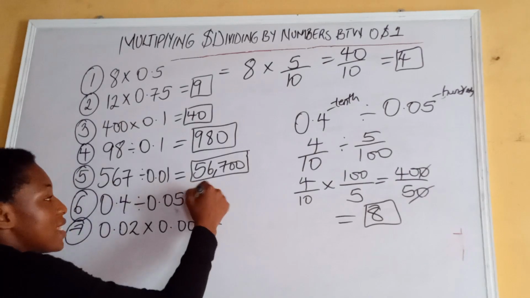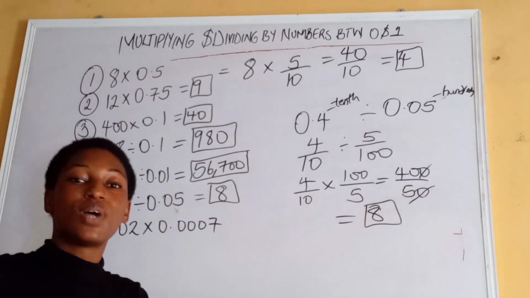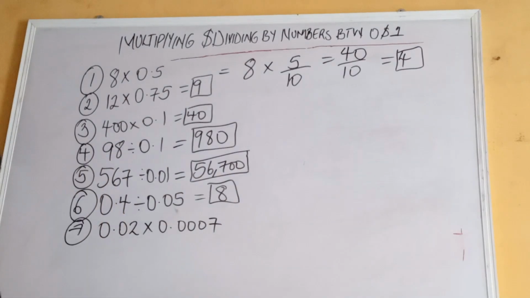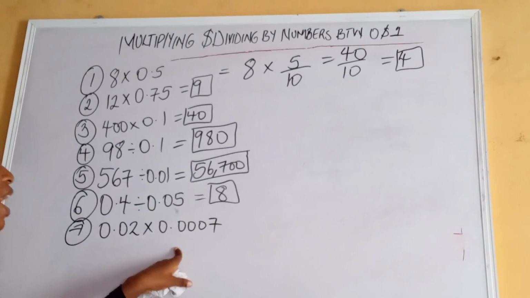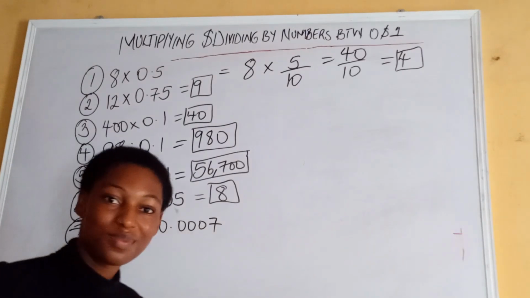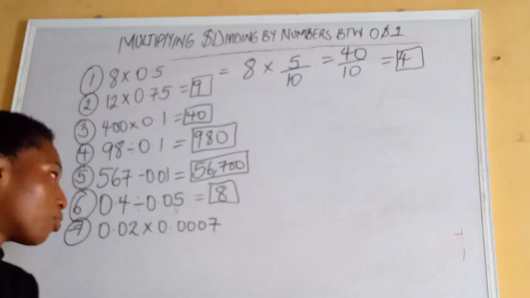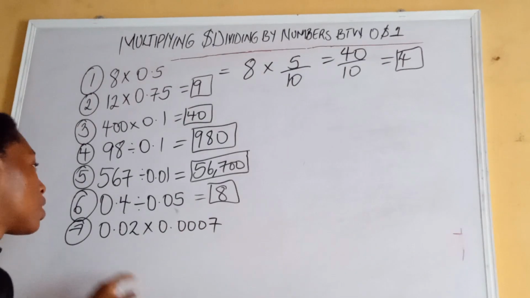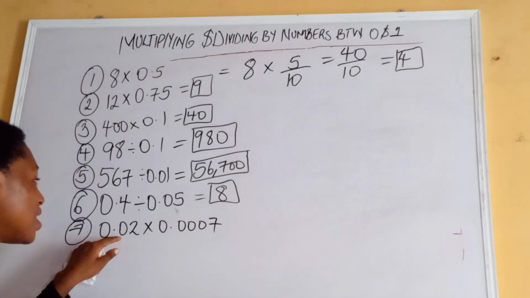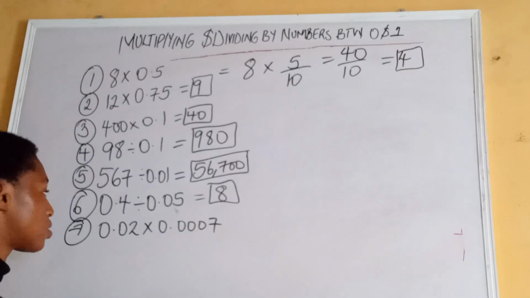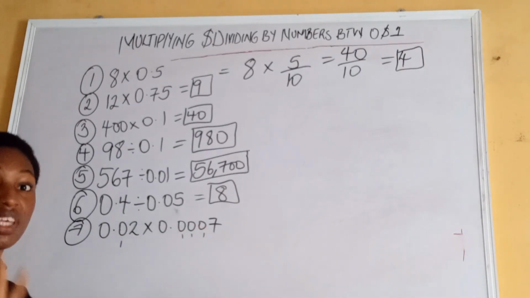That's how these things work. So you just need to take it step by step so that you can get your answer correctly. Now, this last question says 0.02 times 0.007. For this one, there are actually two ways to work this out without stress. First thing you can do is, since this is multiplication, you can just count how many zeros are here. Over here I have 1 zero. This is 1, 2, 3, making 4 zeros.